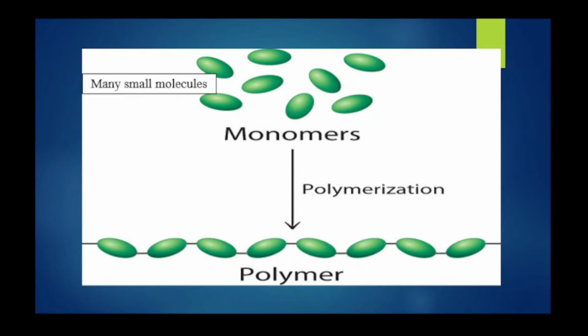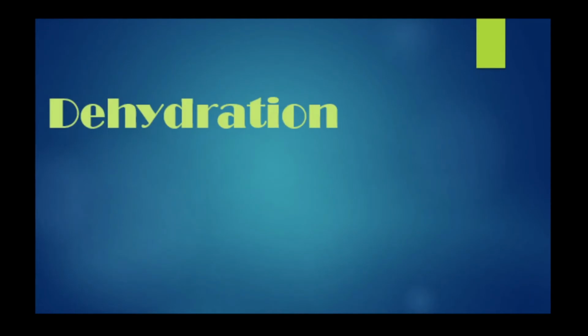These tiny dots that you are seeing on your screen are what we call the monomers, or these molecules here, as you can see in this arrow, these are the monomers, and this line of molecules is what we call the polymer.